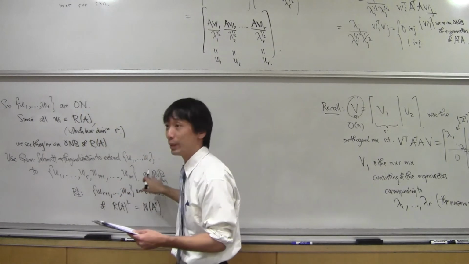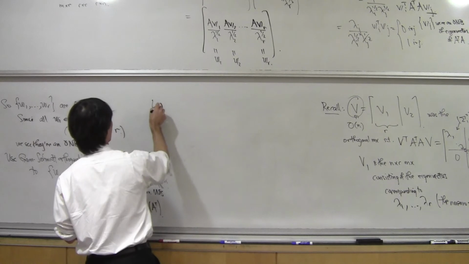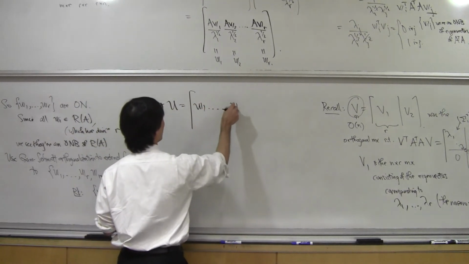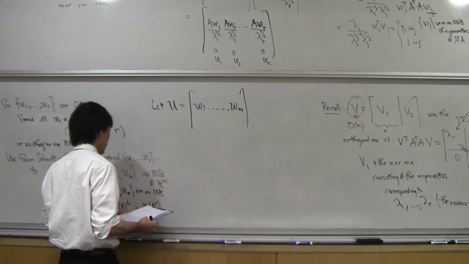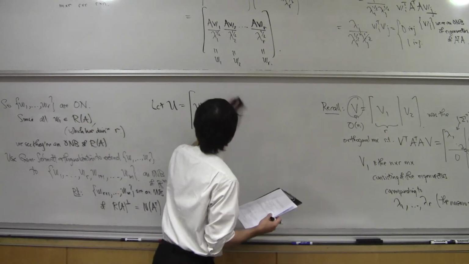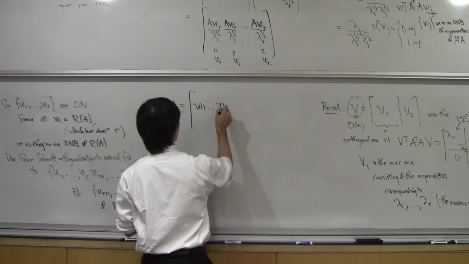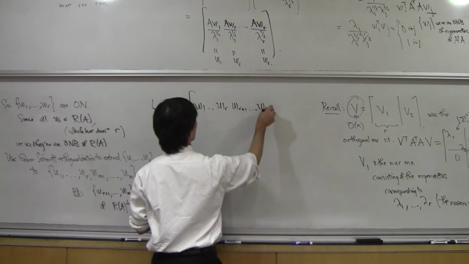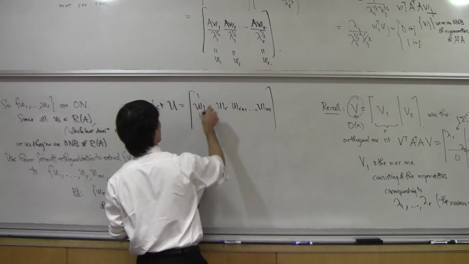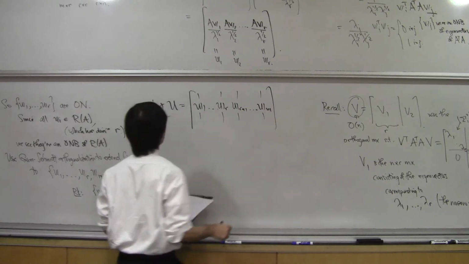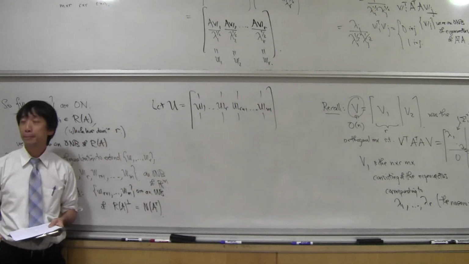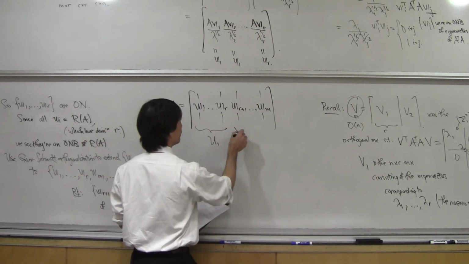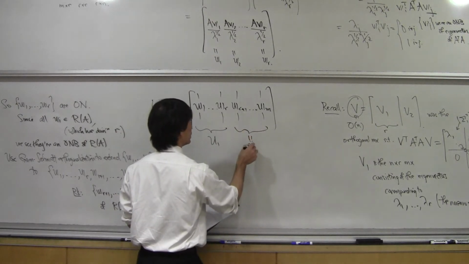So now we've got an orthonormal basis, right? So let U be U1 through UN, right? Now that gives us our square matrix that we wanted. These guys are the columns. Where this thing was what we were calling U1, and we're going to call this thing U2.